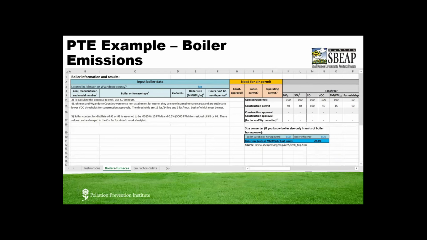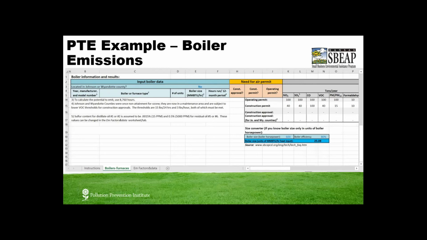For the 600 horsepower boiler that is rated at 80% efficiency, we can use the calculator to convert the horsepower to million BTU per hour. 600 horsepower at 80% efficiency equals 25.8 million BTU per hour.